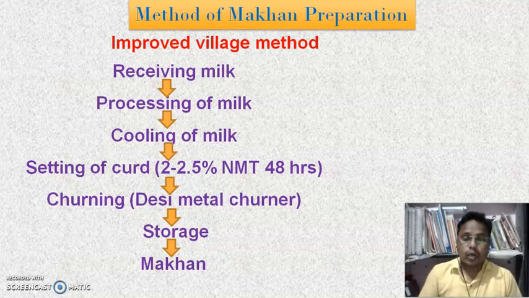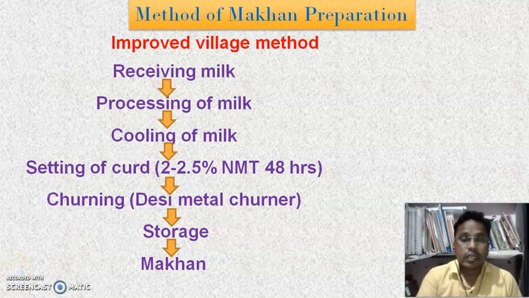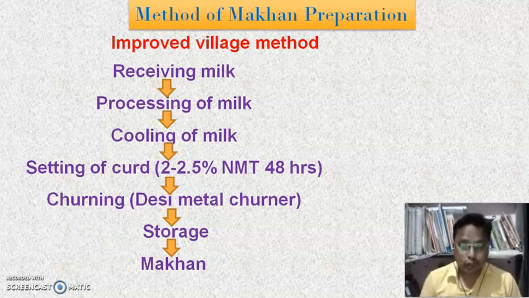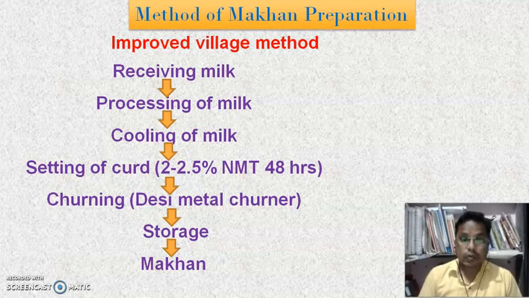So washing it again and again with cold water helps to remove the maximum impurities from the makhan. When the washing of makhan is completed, then makhan is removed with the help of a perforated wooden scoop, and then after removing the makhan, it is allowed to store.